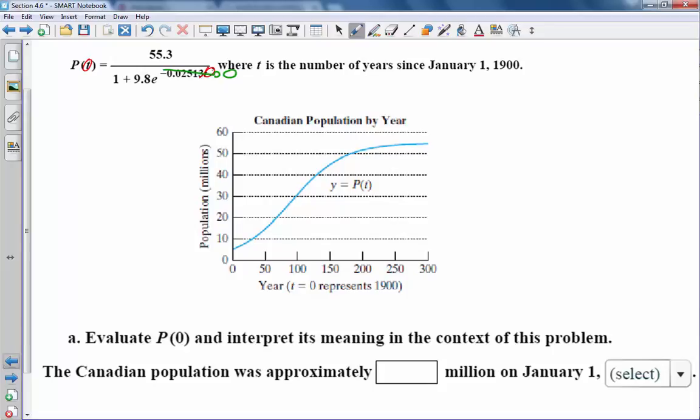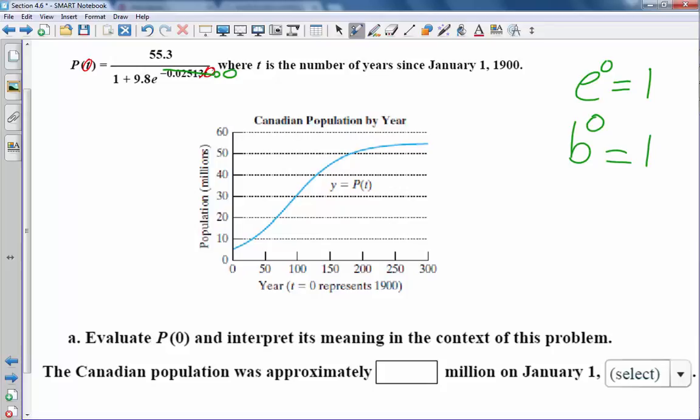Now, next question. What is e raised to the power 0? e is like 2.7-ish. Power 0 is 1. No matter what the base is, when you have a power 0, it's always 1. So this is not special for e. Any kind of base raised to power 0, as long as the base is not 0, that exponential is 1.